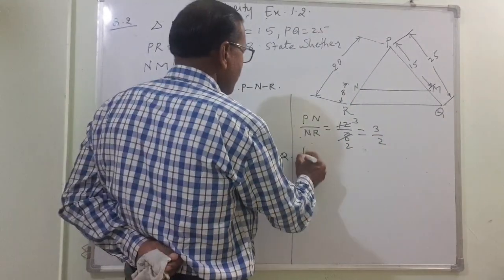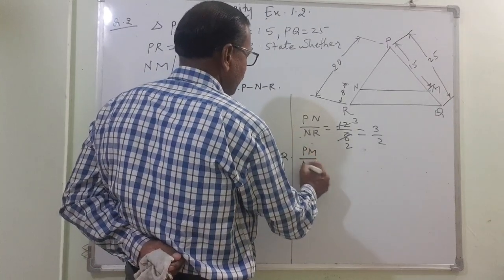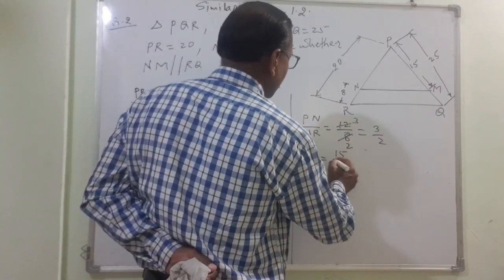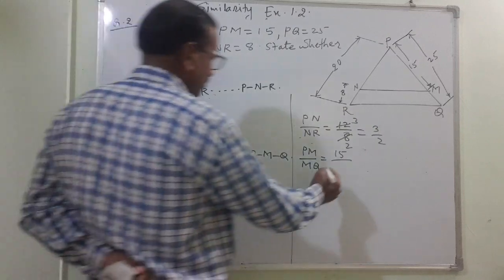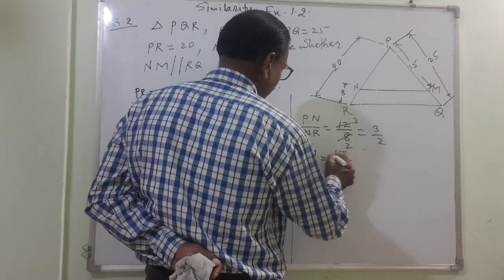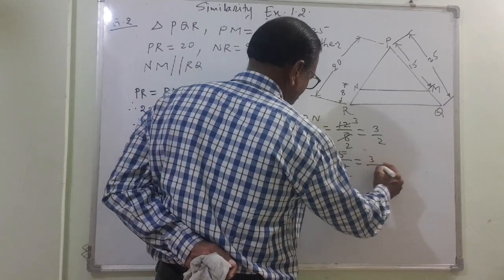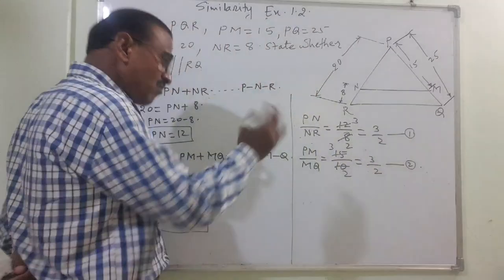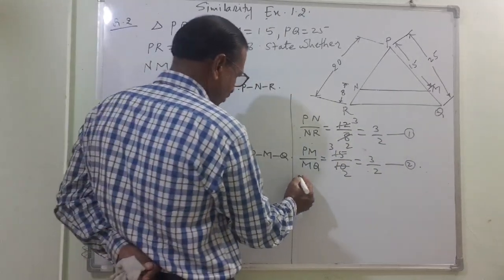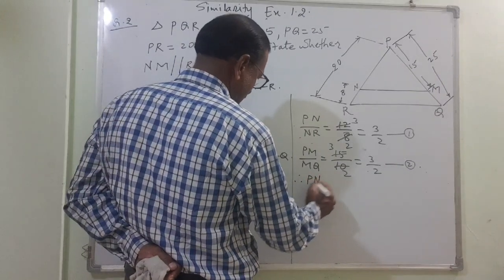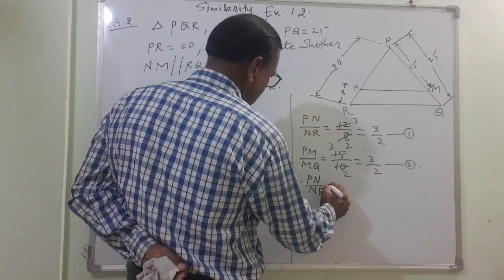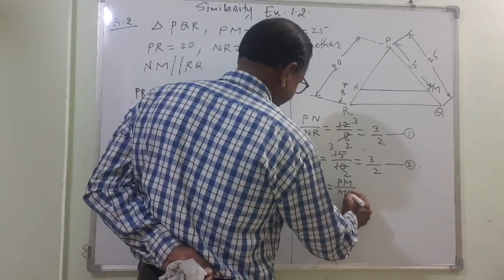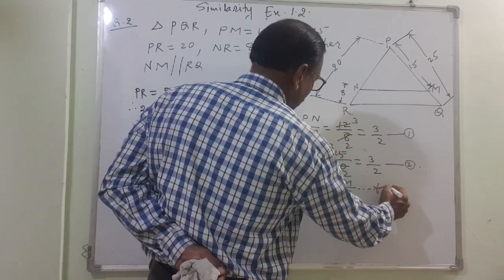Now the ratio PM upon MQ is equal to, PM is 15, MQ is 10. 5 threes are 15, 5 twos are 10. This is equal to 3 upon 2. This is number 1, this is number 2. Now compare these. These are equal. Therefore, PN upon NR is equal to PM upon MQ, and give the proper reason from 1 and 2.